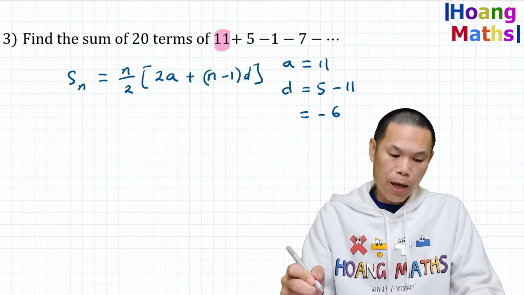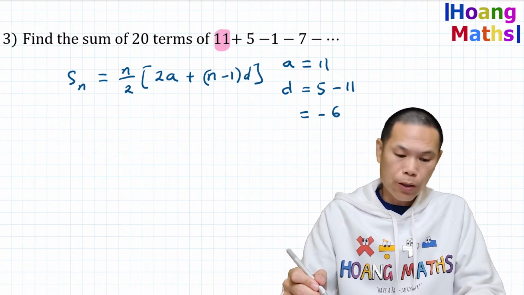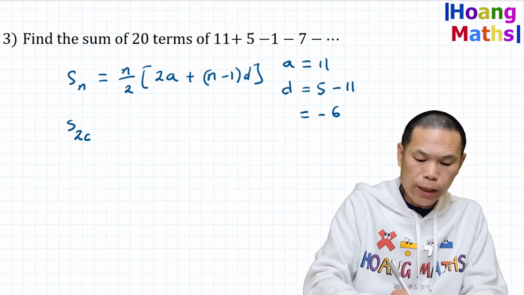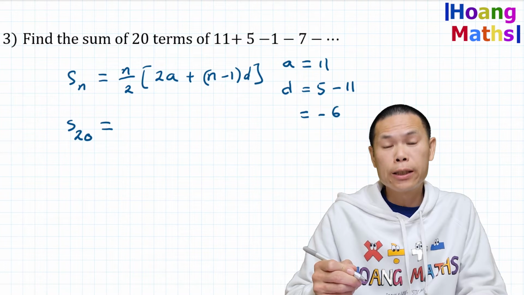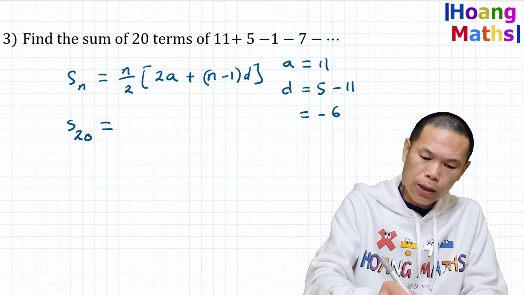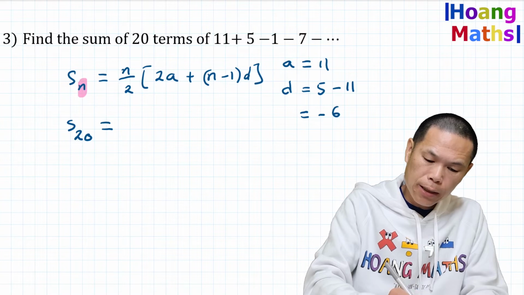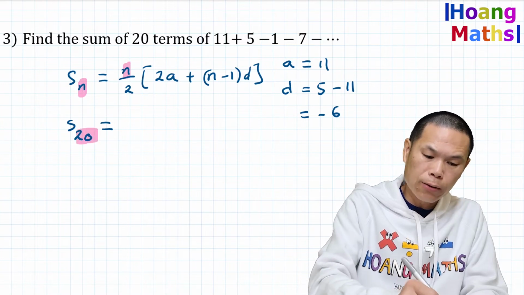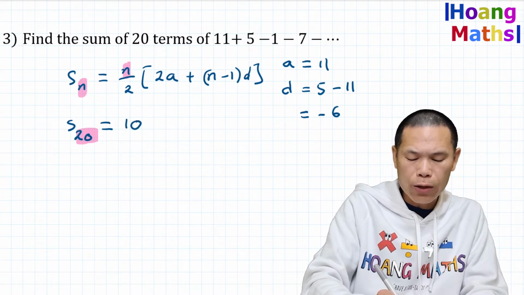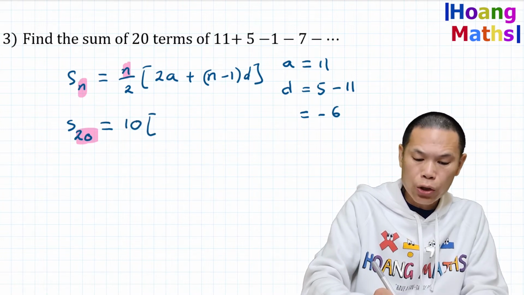There you go. And we need to find the sum of the 20 terms, okay? So S of 20, because we need to work out the sum of 20 terms. So this means that n is 20. So that becomes 20 over 2, which is 10. I can write it like that quicker.